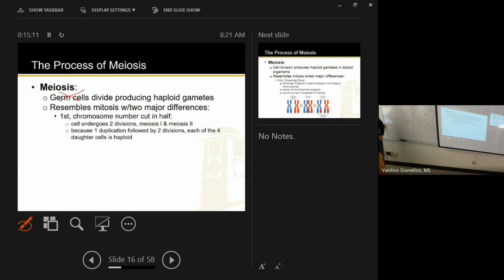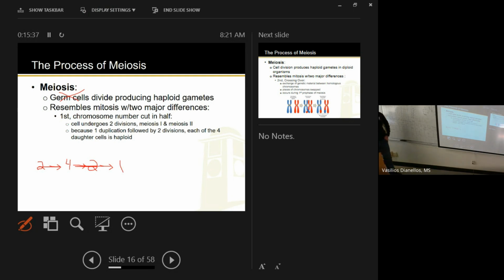If you had an organism that had 2 chromosomes, and it went through S phase of interphase, so it doubles, now it has 4 chromosomes. Then it goes through meiosis 1, so that number is cut in half back down to 2. And then it goes through another round, in this case meiosis 2, and that number is cut in half.